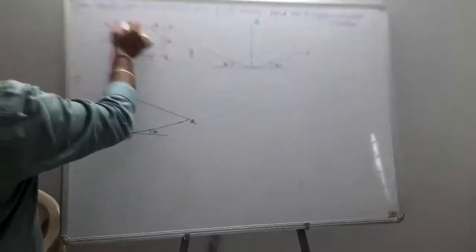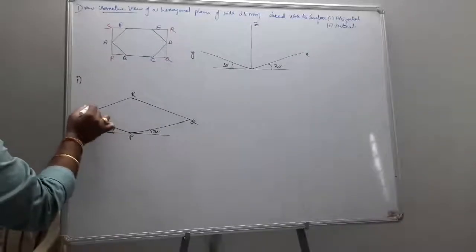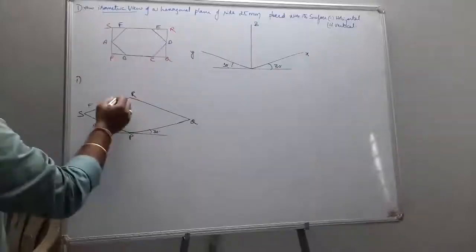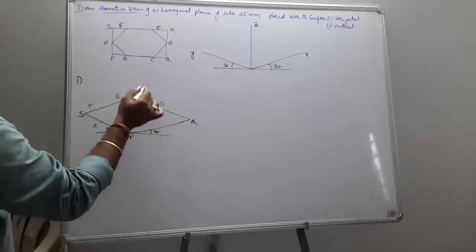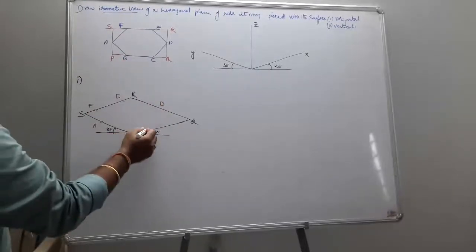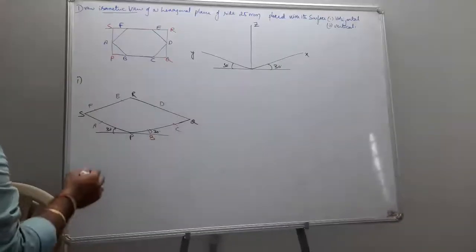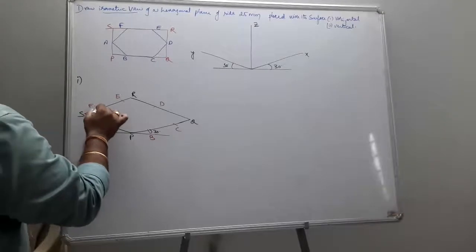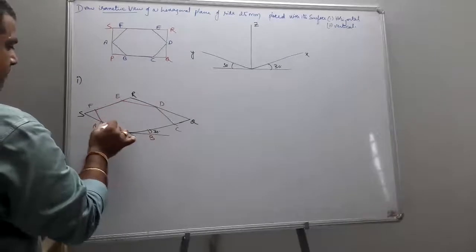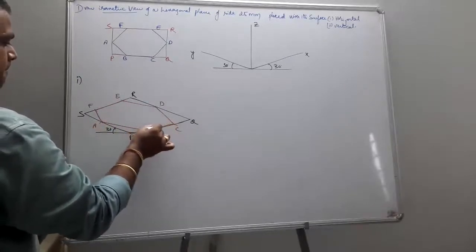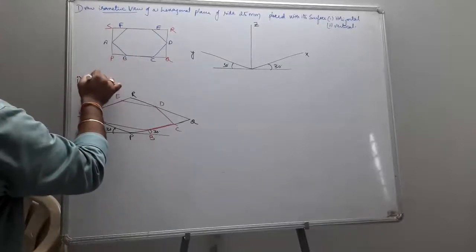Next, F and E points are going to be in between S and R. So S as center, SF as radius, it becomes F. R as center, RE as radius, this becomes E. R as center, RD as radius, this becomes D. P as center, PB as radius, this becomes your B. Q as center, you obtain your C. Now join all the points. So this becomes your plane when it is horizontal.